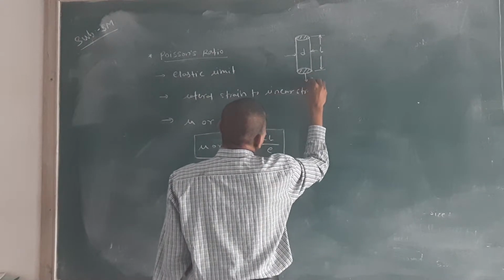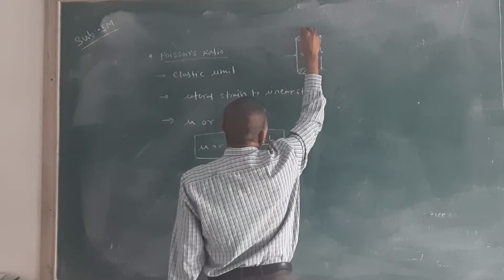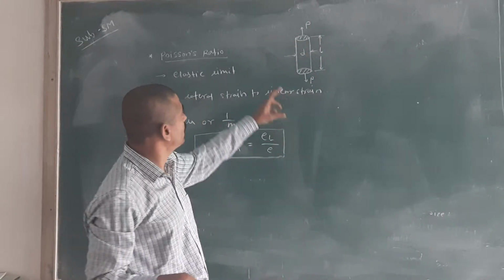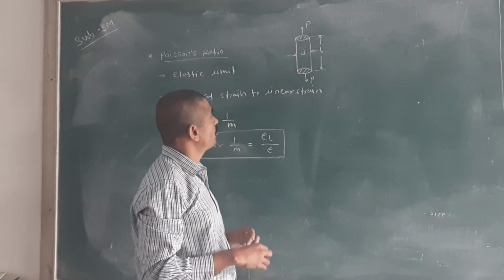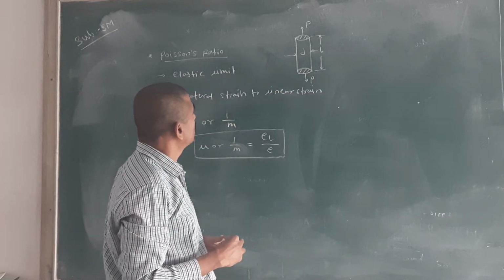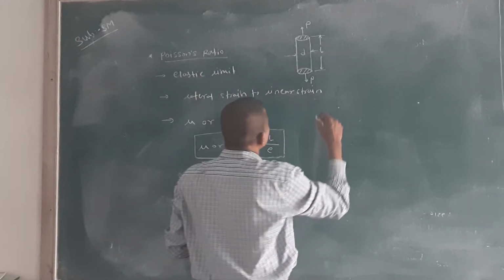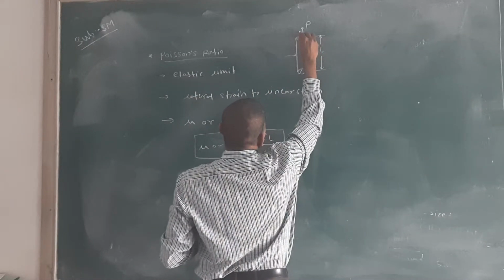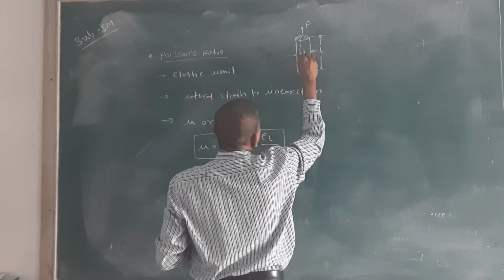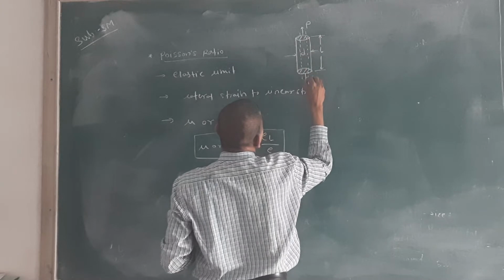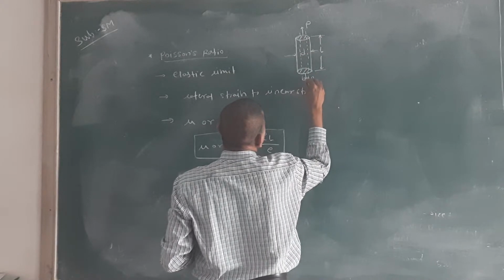When you are applying the pull force or push force, vice versa. See, I will apply the pull force on the given cylinder. Then what happens when you are applying the pull force? Then the length will be increased, and the diameter will be decreased.